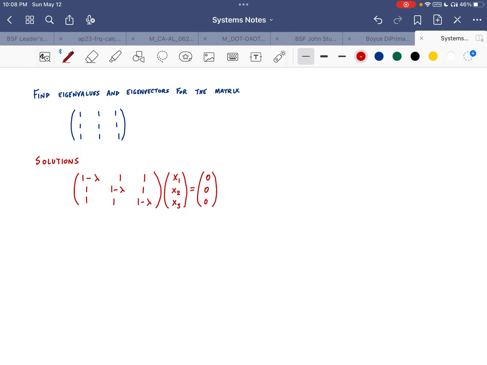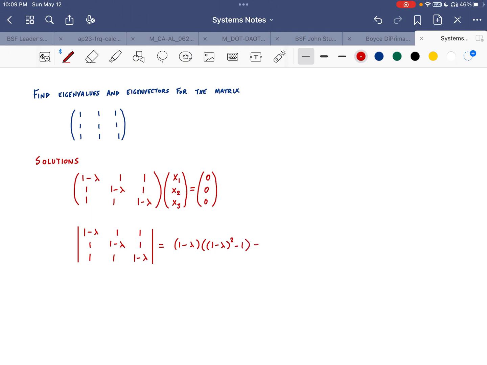As we go to find the eigenvalues, what that means is we need the determinant of this matrix, and we're going to force that to be 0. So here we go. I'm going to do this times the determinant of this first. So that's 1 minus lambda times (1 minus lambda) squared minus 1.